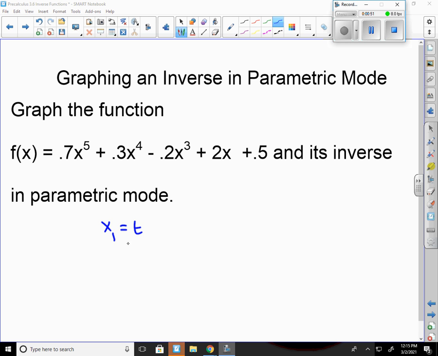In other words, we're going to set this equal to t, and then our y, remember f of x stands for y equals all of this. So y1 would equal this entire function. So it'd be 0.7x to the fifth plus 0.3x to the fourth minus 0.2x to the third plus 2x plus 0.5. Now, if you had your graphing calculator, it would make graphing this easy.